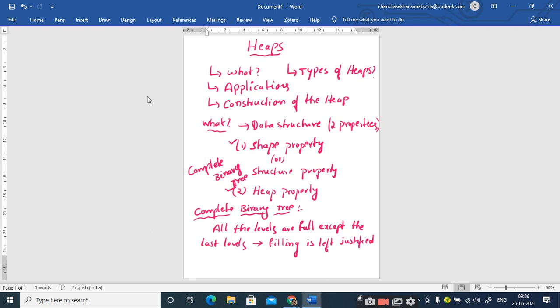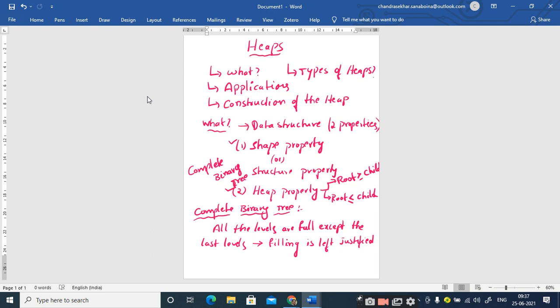There is another heap property. It's a reverse property, right? So what I am saying here, the heap property says that root is always greater than or equal to child nodes, right? So there is another property saying that root is less than or equal to child nodes. Both of them constitute the heap property. Either the root should be greater than or equal to child, and this property should be satisfied through the entire heap, right?